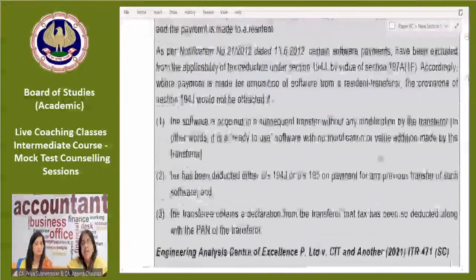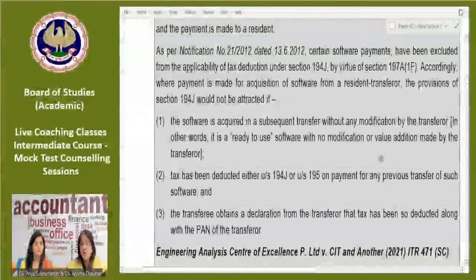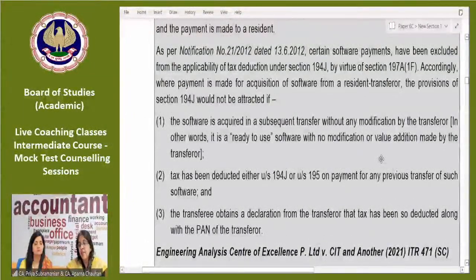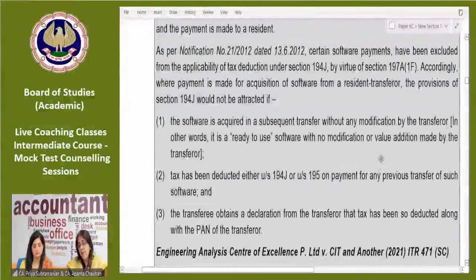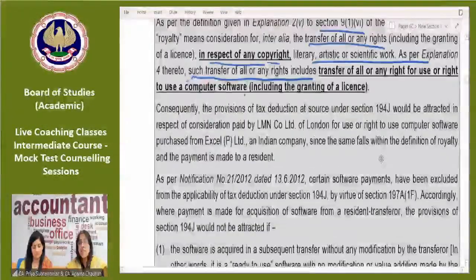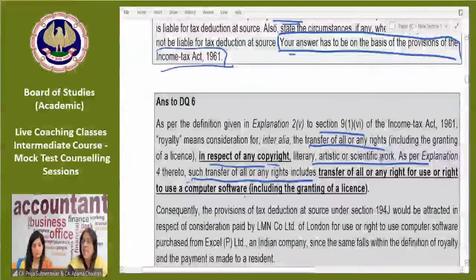There is a Supreme Court case law which is very important, Engineering Analysis Centre of Excellence Private Limited, a very important landmark Supreme Court judgment. Always compare the provisions of the Income Tax Act and the DTA, and whichever is more beneficial you will apply. Now, the fact is most of the DTAs don't have the provision which is incorporated in Explanation 4.